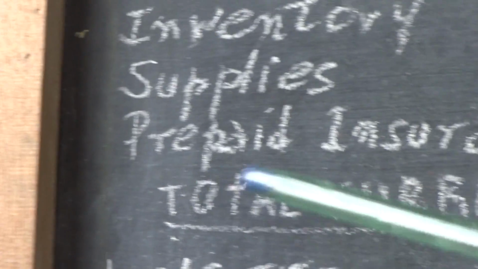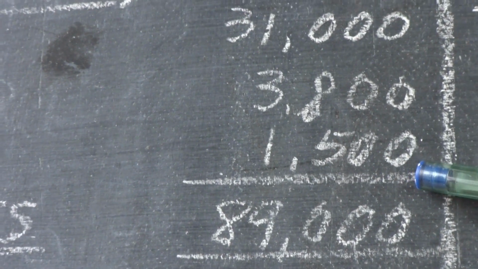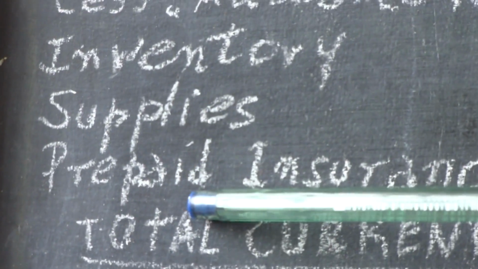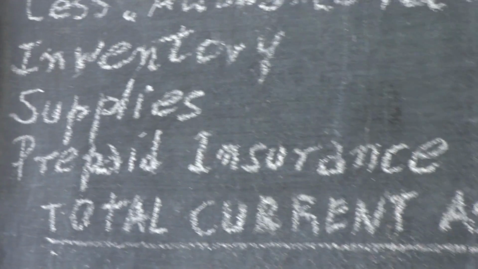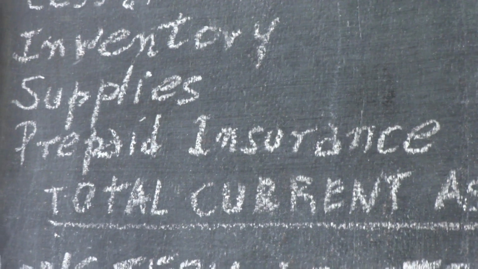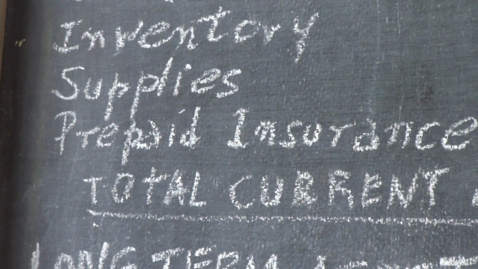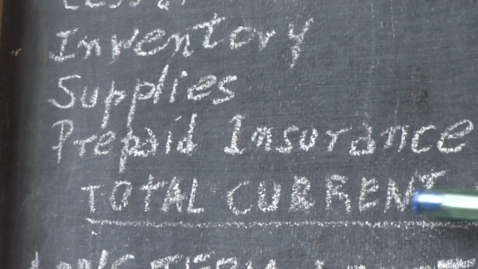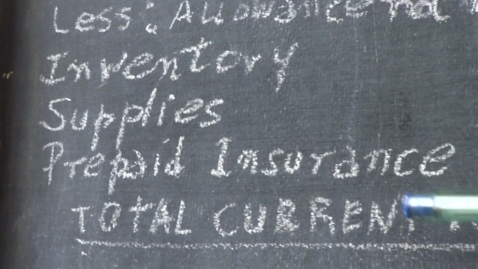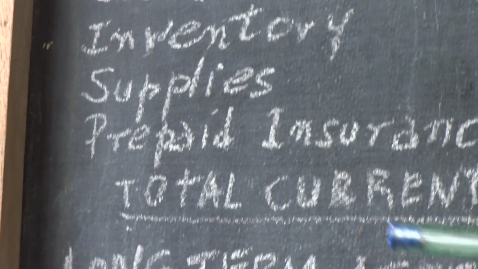Then we have prepaid insurance by $1,500. This is the insurance that the Bright Corporation has bought from insurance companies to protect the installations against fire, or to protect the money against robbery.